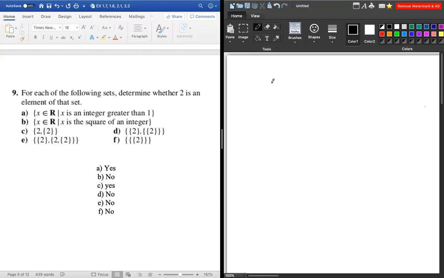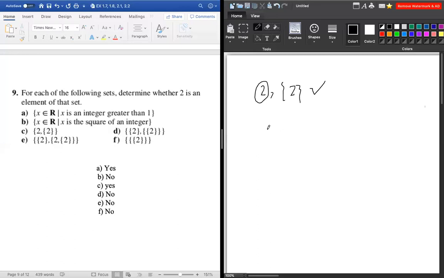Basically they were asking us if 2 is a member of the set. In part C, we know that 2 is a member of the set. The members of set C are 2 and this 2, so because this 2 is a member of the set, we said yes, this is true.